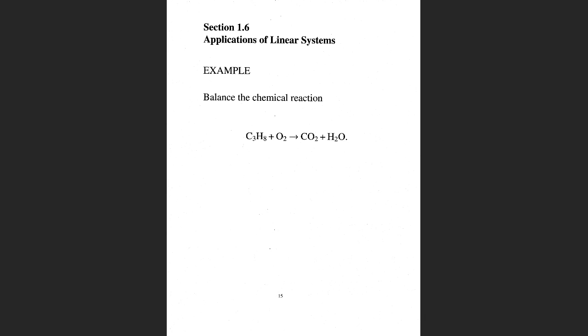Okay, so we want to balance the chemical equation. What are we balancing here? What does O2 stand for? O sub 2. I hope you know. Oxygen, and then this is C3H8, which is propane.